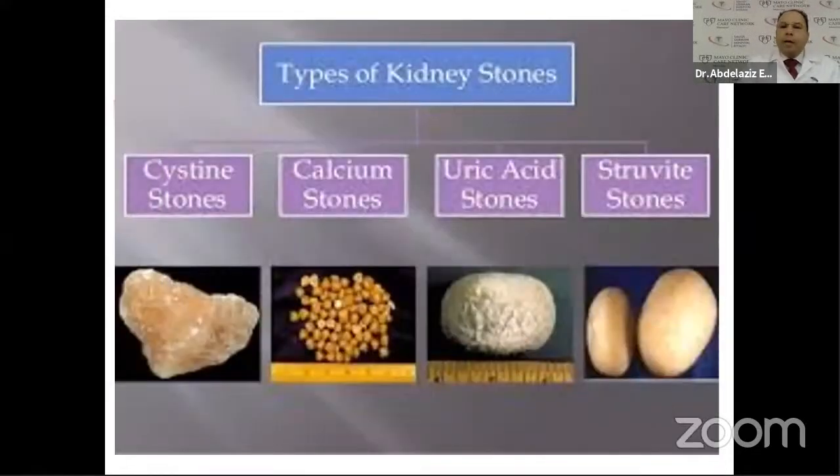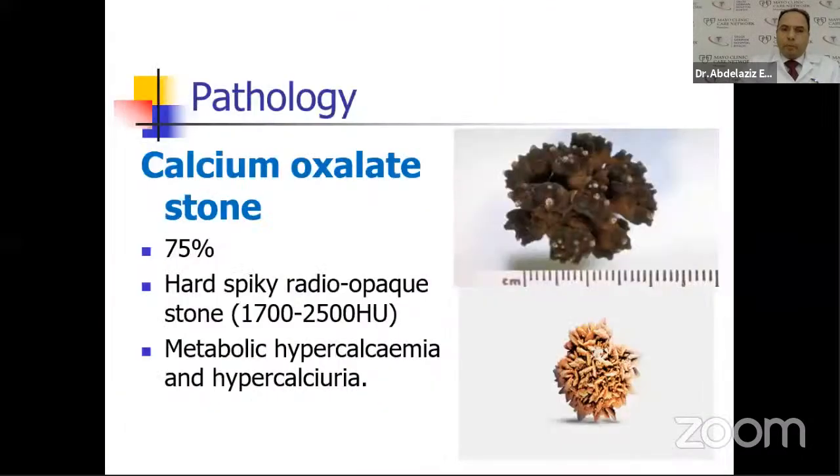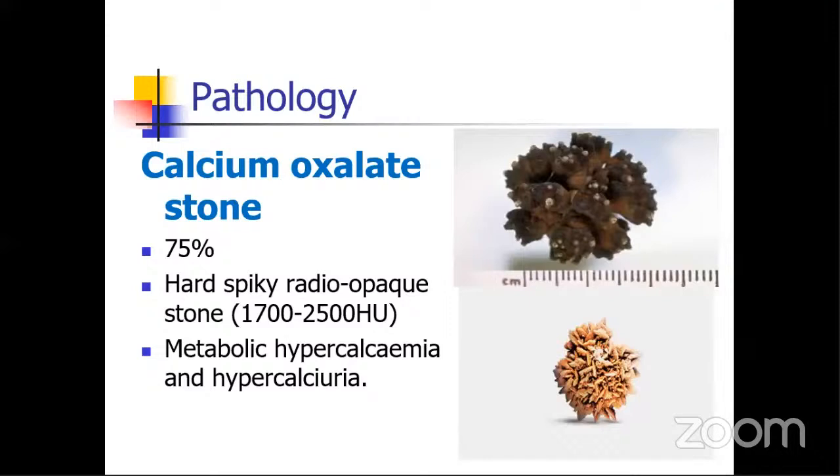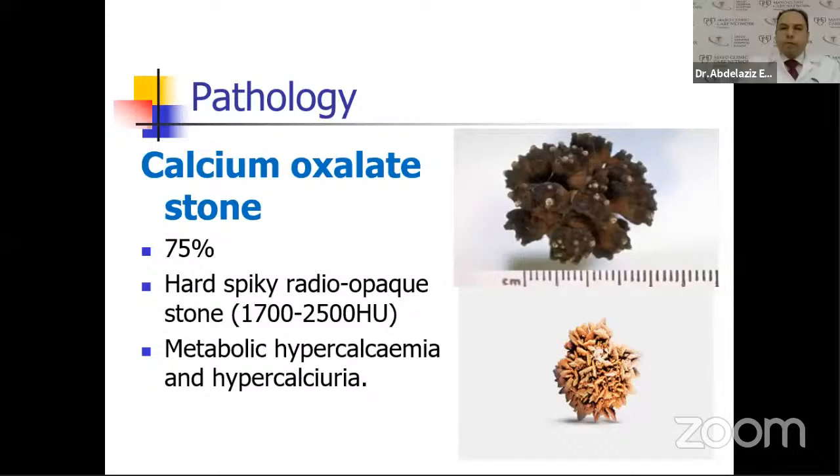We have different types of urinary tract stones, including calcium oxalate stones, urate stones, struvite stones, and cystine stones. About 75% of urinary tract stones are calcium oxalate stones, which grossly appear hard and spiky.